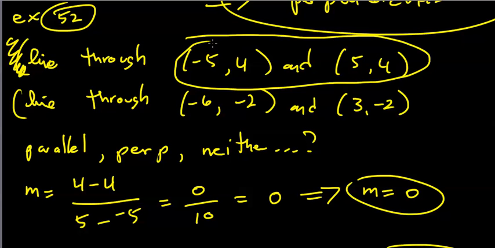Do you notice anything about those two coordinates? Notice the y value is the same. What does that mean? That means y is constant in these two points. And remember, when y is constant, you've got a horizontal line. Hopefully you could have looked at that and found that out by inspection.